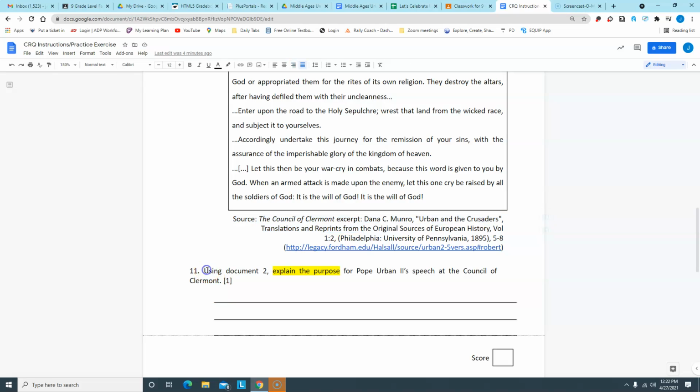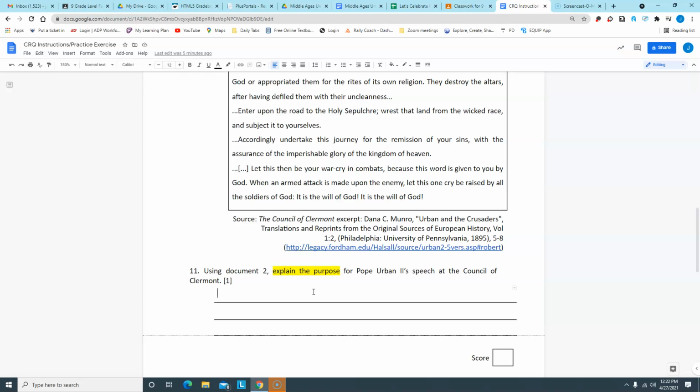What are we supposed to do for this question? Using this document, we are asked to explain the purpose. Right here it's highlighted: explain the purpose for Pope Urban II's speech. Our first question was analyzing the geographic context.